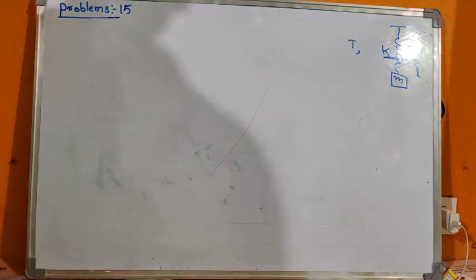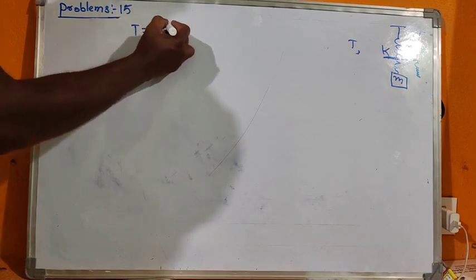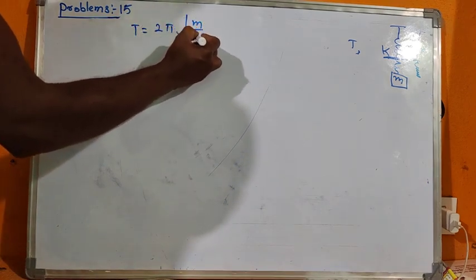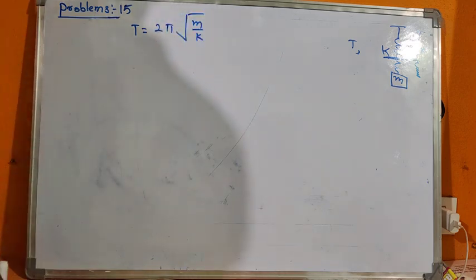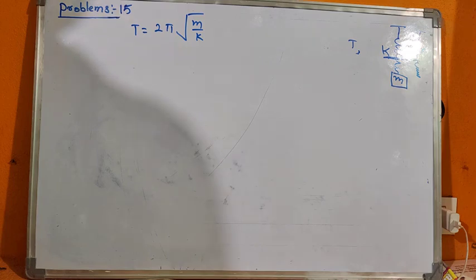Then we have to take the first one. The time period T is equal to 2 pi under the root of m by k. This is the time period of a spring and block system.